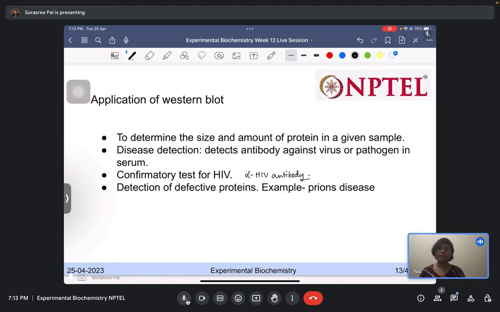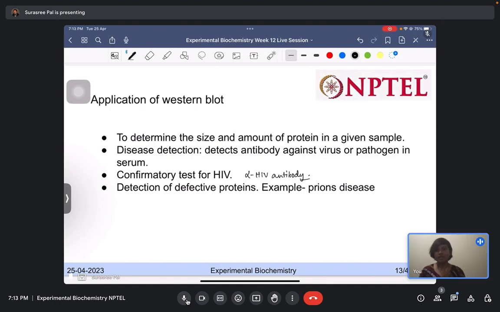Western blot can also be used for detection of defective proteins, like for example in Prions disease. Prions disease is a disease which is due to misfolded proteins which form aggregates, so that can also be detected by Western blot.